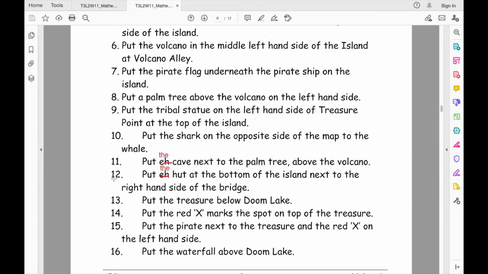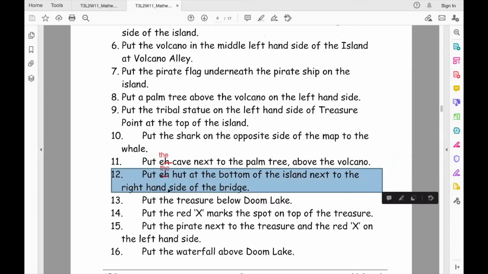Number 12, put the hut at the bottom of the island next to the right-hand side of the bridge.